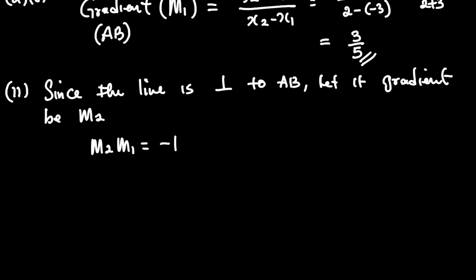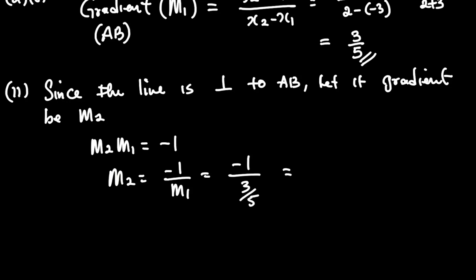The reason is because they are perpendicular to each other. When two lines are perpendicular, this is the relationship for their gradients. But if they are parallel, they are going to be equal. But here they are perpendicular. So we will come down and continue with our work. M2 is equal to -1 over M1, which is -1 over 3 over 5.